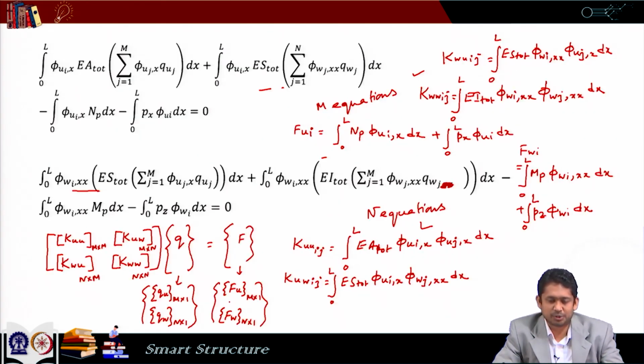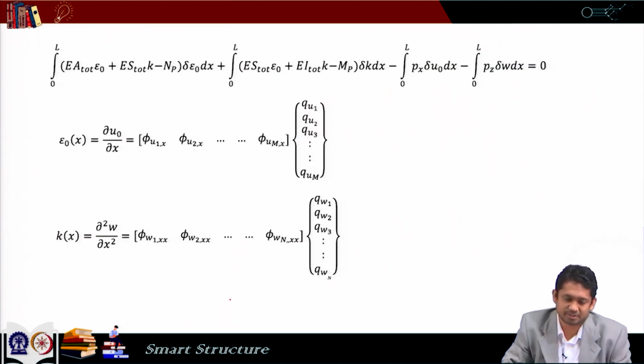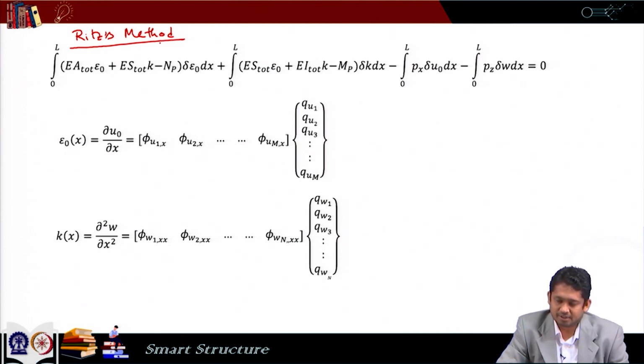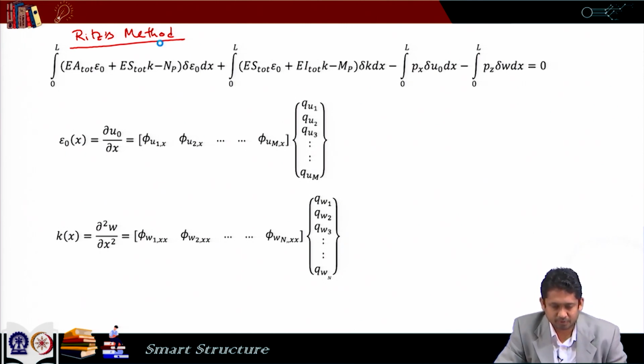Now, we will look into another approach, and we can call it Reed's method. It is known as Reed's method. Here what we do is we look into the energy equation that we derived before, or the virtual work equation, and in that equation itself we put all the approximations and get the solution from there.